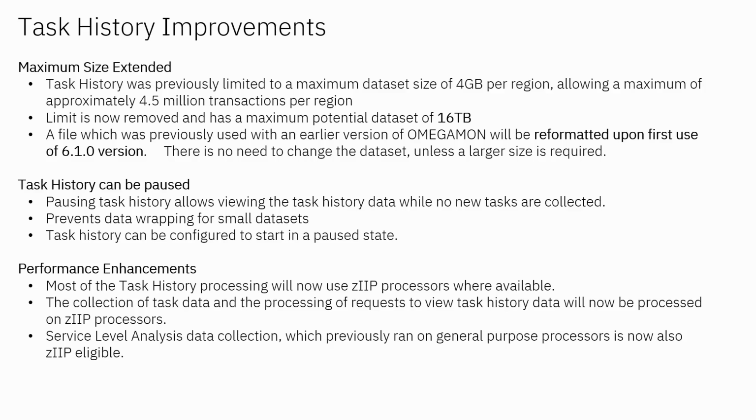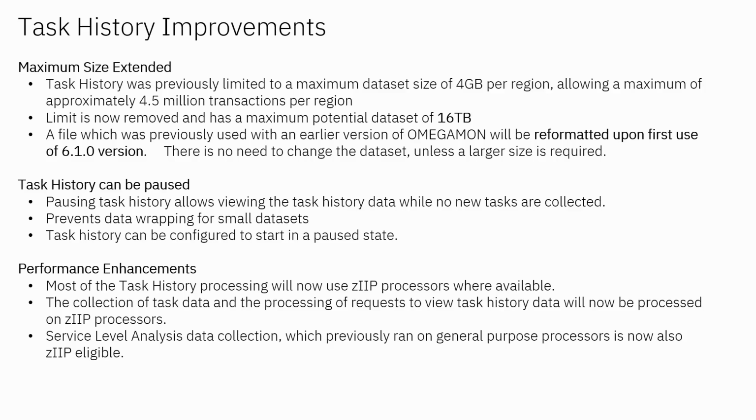If you're doing some investigation and you don't want to see your task history rotate or fill up again, you can pause task history, and then you can search those transactions that you need to investigate and get more details on. And it's dynamic, so you can enable it again once you've finished, and task history will continue.